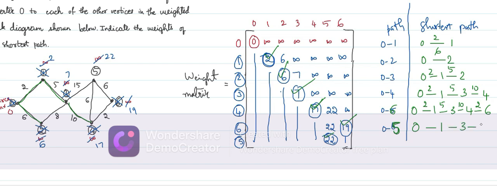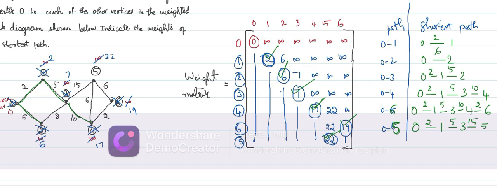So 0 to 1 is 2, and 1 to 3 is 5, and 3 to 5 is 15, right? Or you can go like this, 0 to 2, 2 to 3, and 3 to 5, that will be even more, right? So this is the shortest pathway. And here 15 plus 5 is 20, 20 plus 2 is 22.